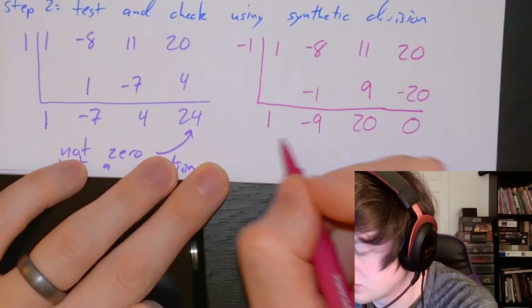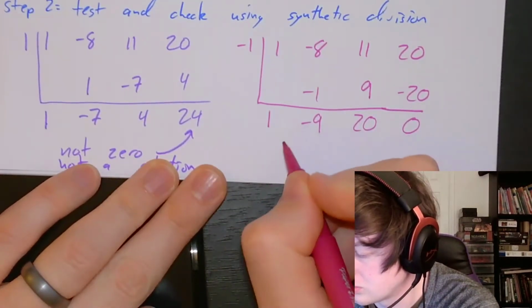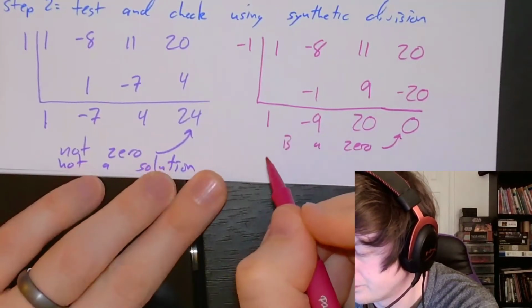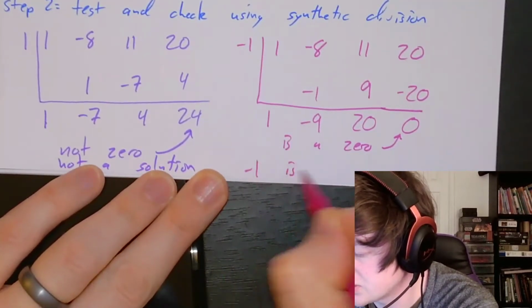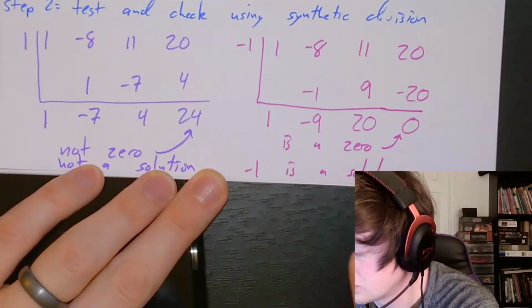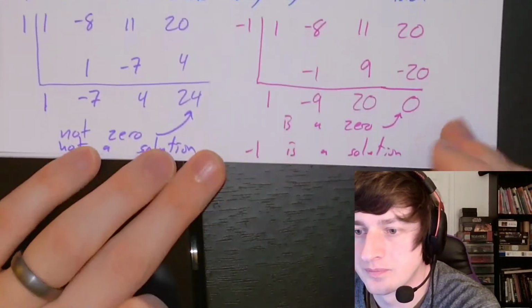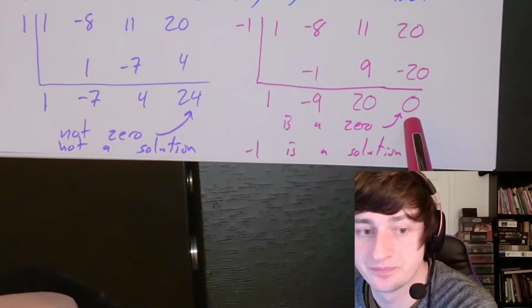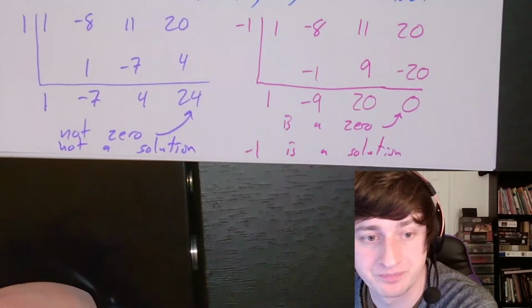So that means it is a 0. So -1 is a solution. -1 is a solution. We got 0. So it is a factor.